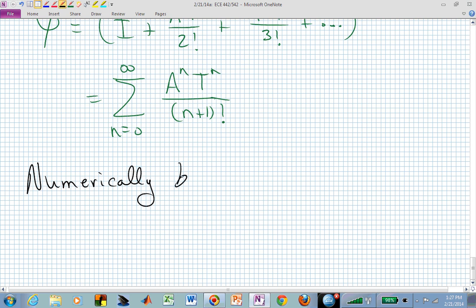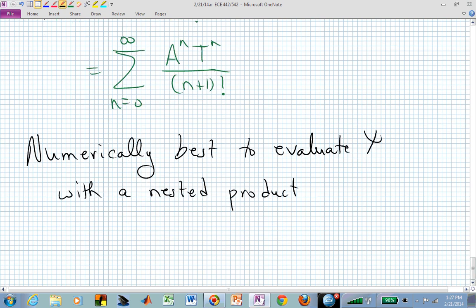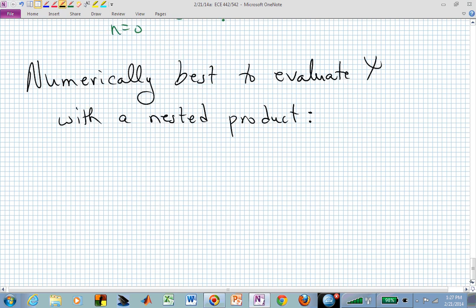So it's numerically best to approximate or evaluate that psi with this nested product, where this nested product is not an infinitely long product. It's now truncated to some finite integer, capital N, but typically we don't have to go very high with capital N for this psi to be a nice formula.